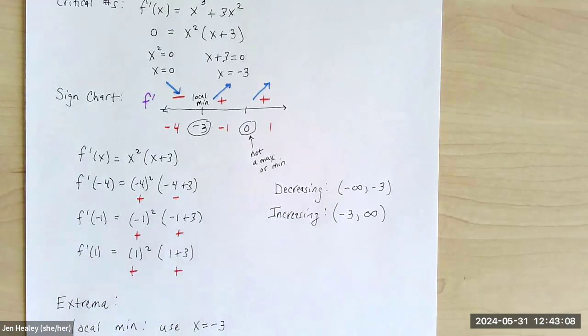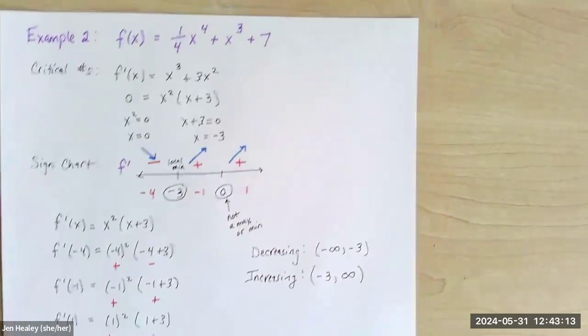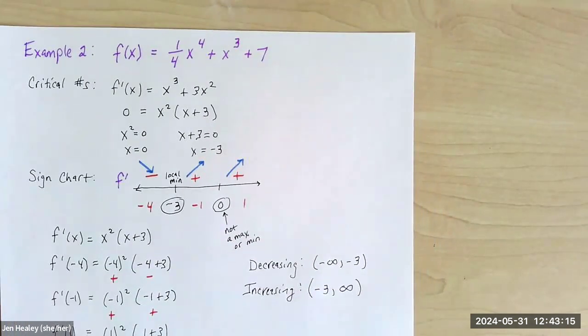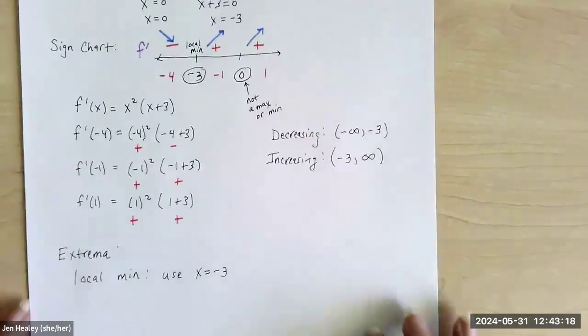What we're going to plug it back into is the original function when I want to find my extrema. So my original function was 1/4 x to the 4th plus x cubed plus 7.